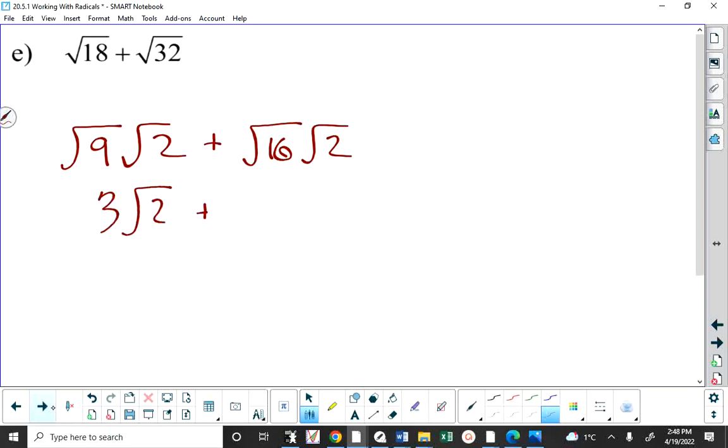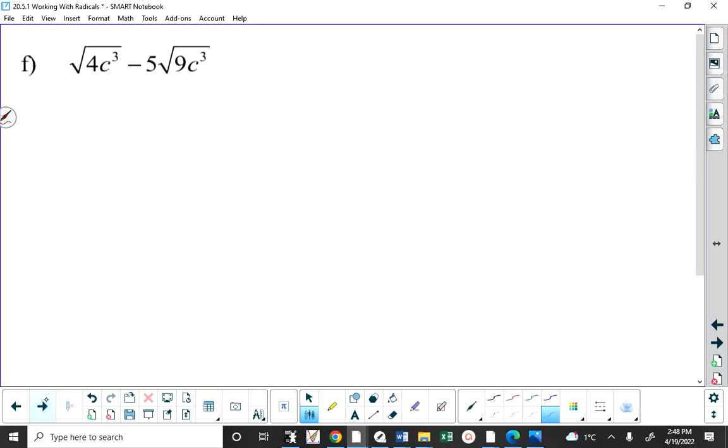Looks kind of like a cinnamon bun. I must be getting hungry. Root 32 is 4 root 2. So we get 7 root 2. Any questions with that one? You know, they just progressively get more difficult.